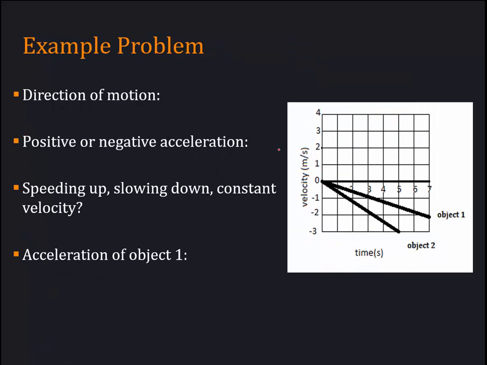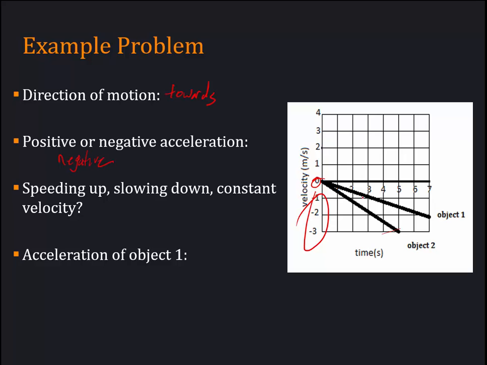Now, here's a problem we can take a look at and solve. If we look at these objects, both of them are moving towards the origin. It doesn't matter which line I'm looking at, object 1 and object 2. I can tell they're both moving towards because they're negative velocities. They're moving in a negative direction. Both of them also have negative accelerations.